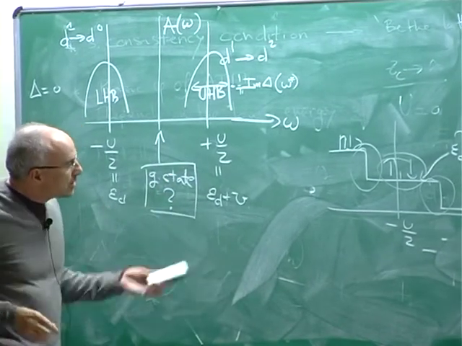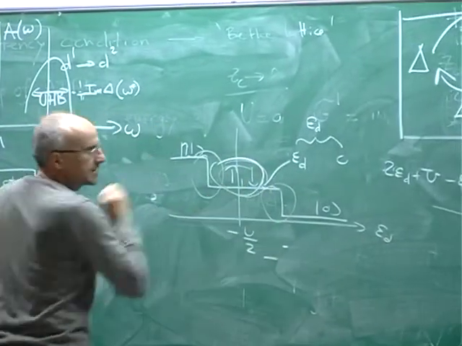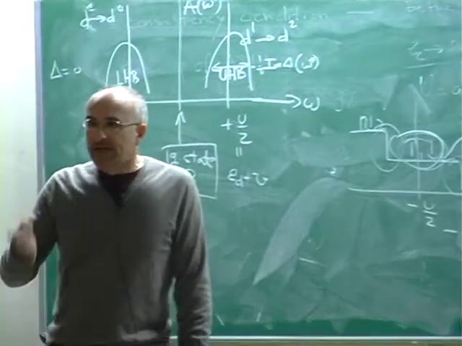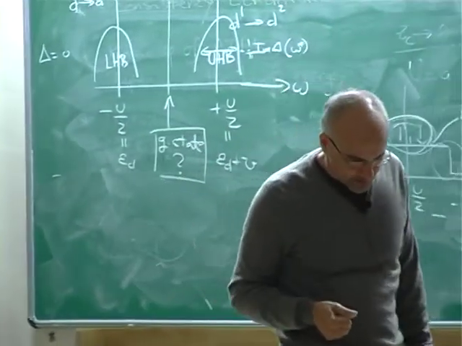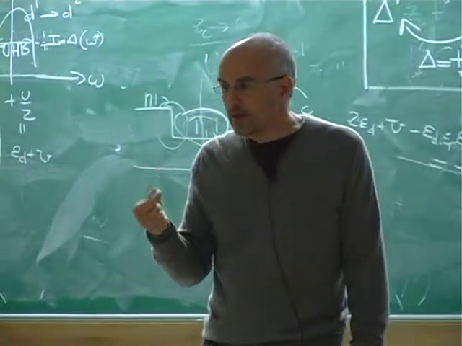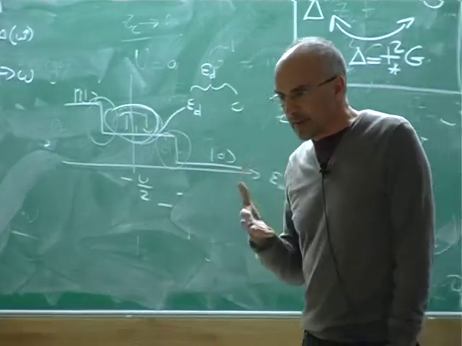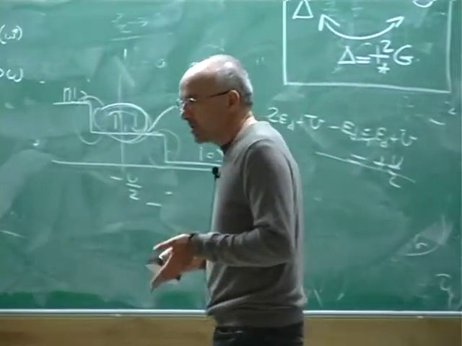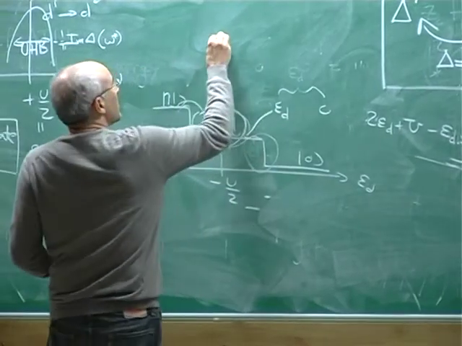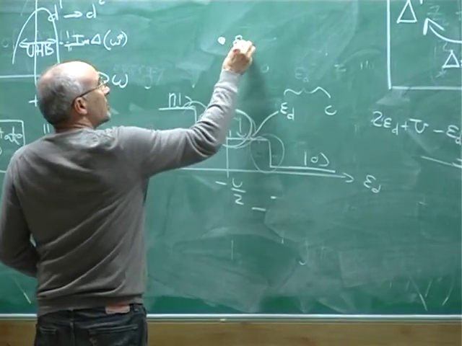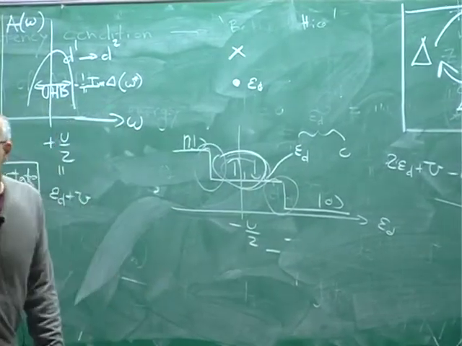So the question about this is whether this double degeneracy of the ground state is lifted or not by the presence of the hybridization. This problem you can understand very simply by considering the case where your impurity model, your atom, is just one level, coupled to, let's say, only one level in the bath.